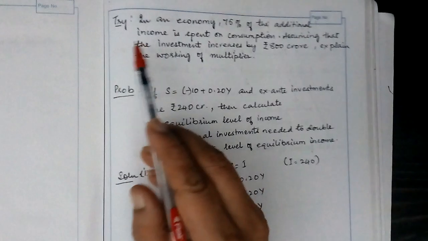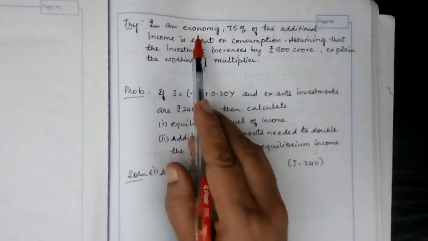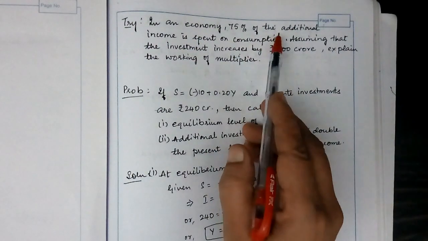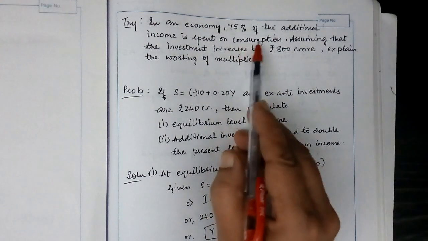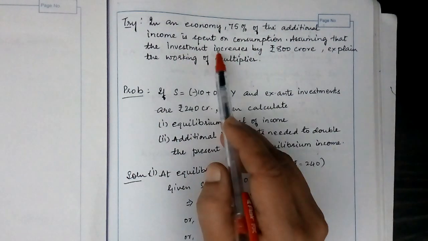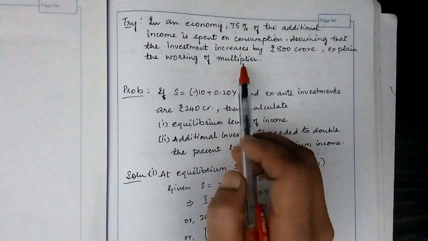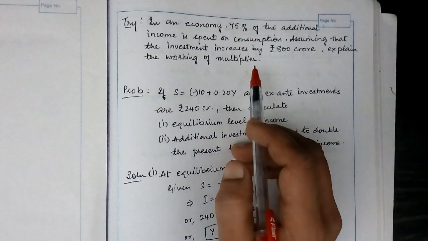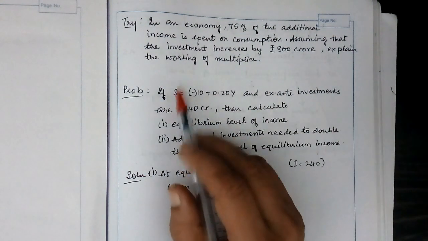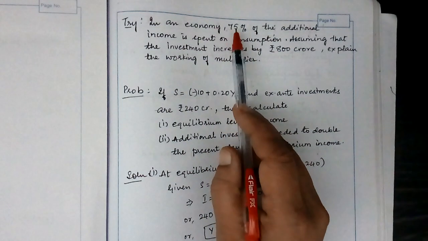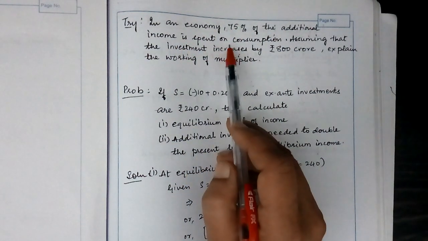You may try one problem. In an economy, 75% of additional income is spent on consumption. Assuming that the investment increases by 800 crore, explain the working of the multiplier. What we saw just now, the table, you have to form a table in which 75% of the income is spent on consumption.